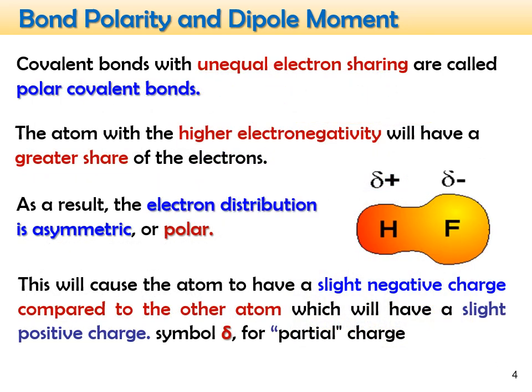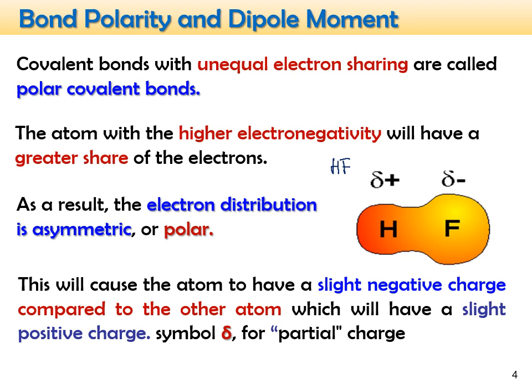So let's go back to the unequal sharing of electron, polar covalent bond. Let's say you have this example, hydrogen fluoride, HF.